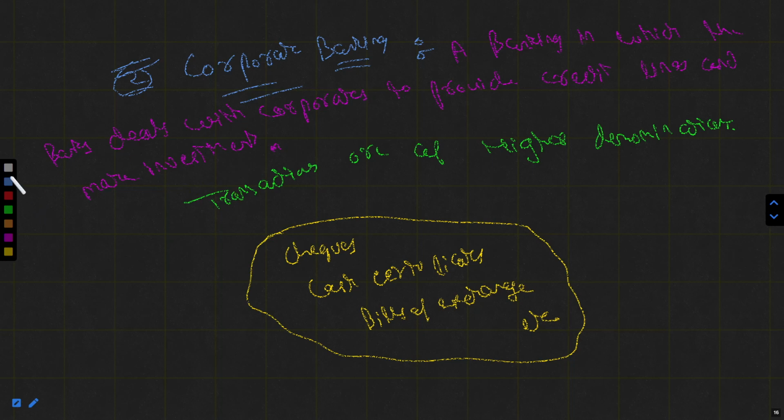But remember, the company under section 8 of the BRA must not be involved in any kind of buying and selling of goods, right? So this is corporate banking. Transactions of higher denomination, like 1 crore, 3 crores, even 5,000 crores, 6,000 crores, because now corporates are involved. All right.